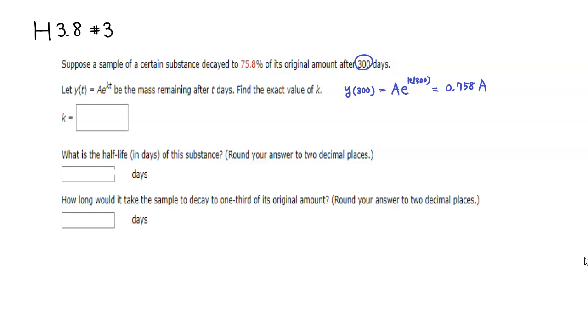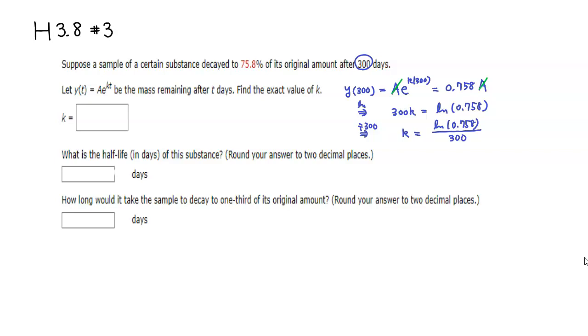First, I'm going to divide through by A, so you can scratch A on both sides. Then we can take the natural log. The e and the natural log cancel out, so you have 300k equal to the natural log of 0.758. Then we divide through by 300, so k is the natural log of 0.758 over 300.